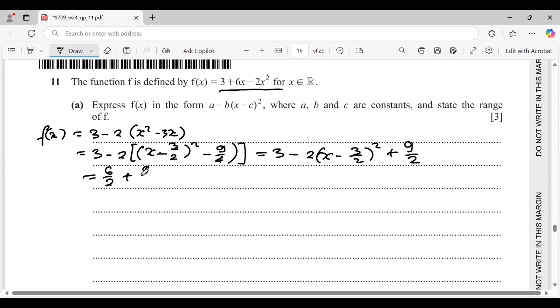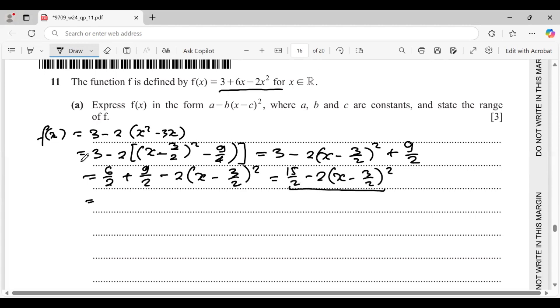So plus 9 half, and minus 2(x minus 3 half) squared. So it's going to be 15 half minus 2(x minus 3 half) squared. Oh yeah, 15 half, until here.